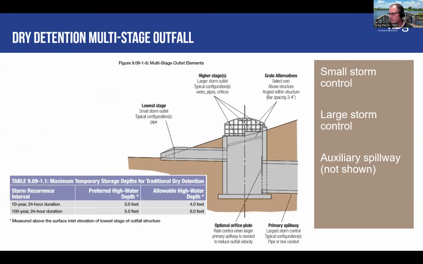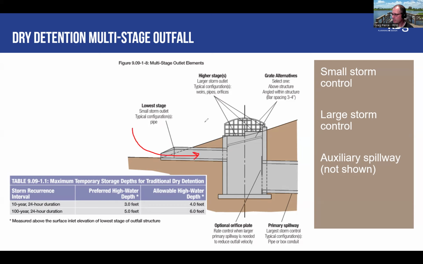So there are just some things we typically see and how these work out when you do the design calculations. If you really aren't caring about channel protection and volume at all, but you want to manage more of the moderate or middle storm events, you might see a dry detention multi-stage outlet that has a more moderately sized pipe.